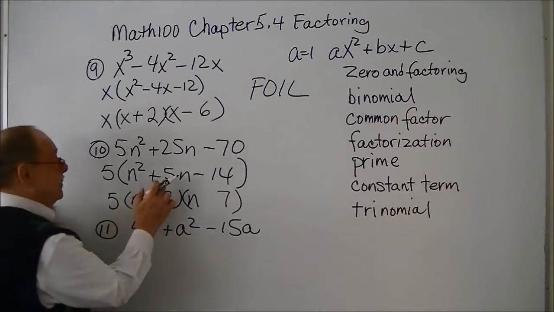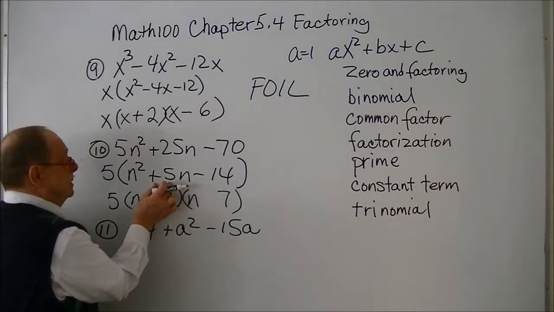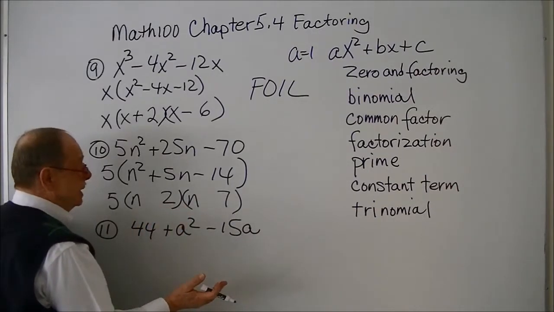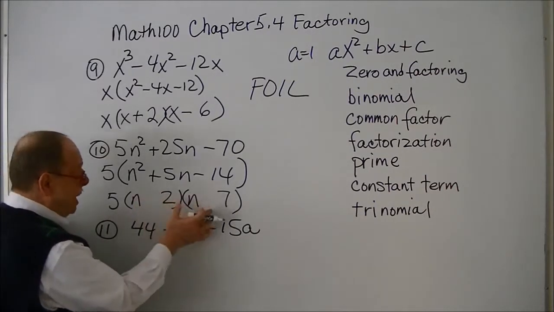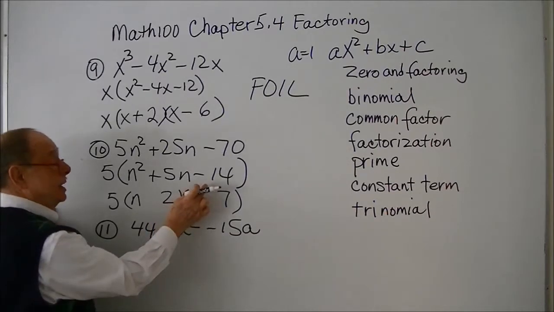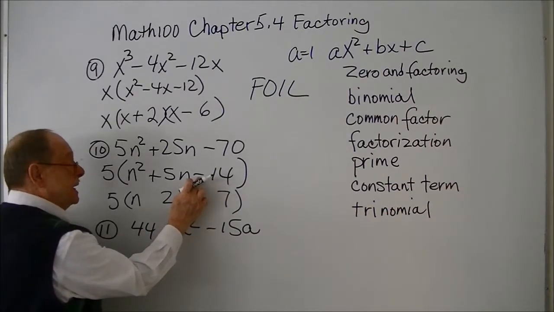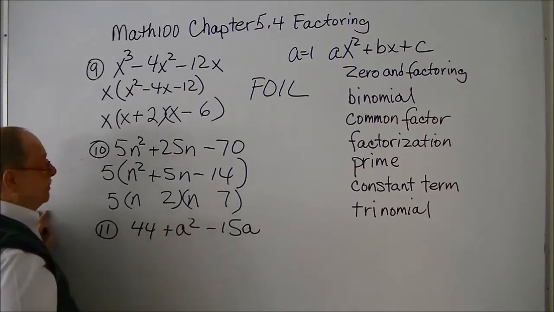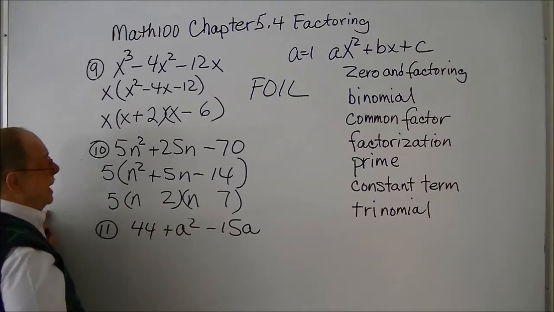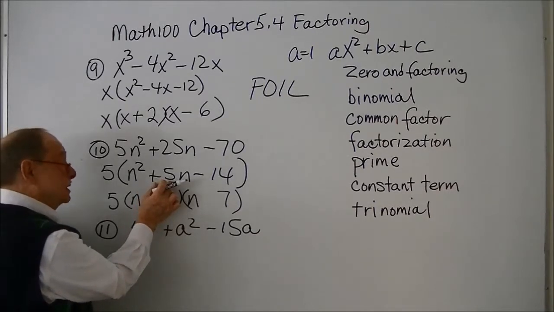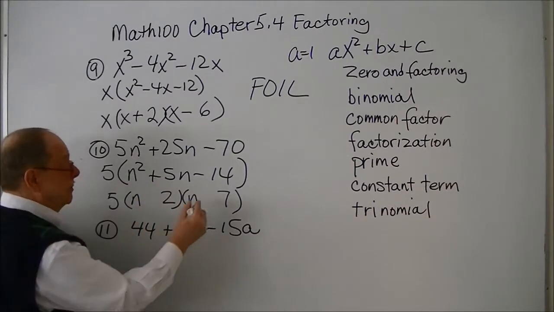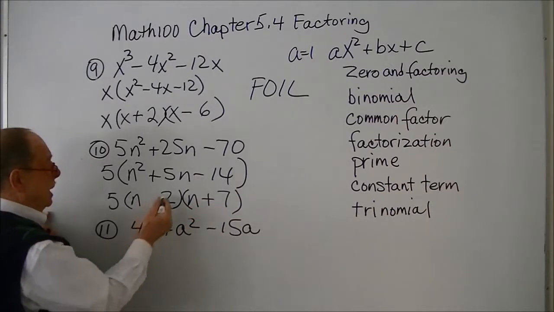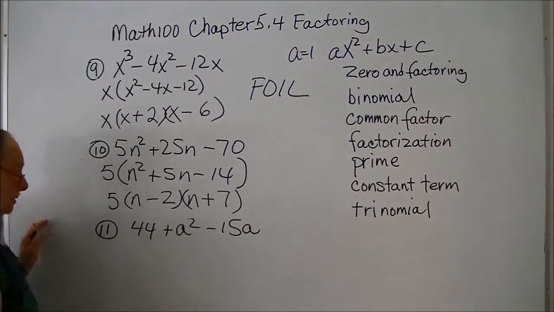Now we notice that 5 needs to be positive. So we have 2 numbers to choose from in terms of our signs. One's going to be positive and one's going to be negative in order to give us that negative 14 when we multiply the 2 times 7. And since my 5 is positive, that's the bigger number, I'm going to put the 7 as positive and the 2 as negative.